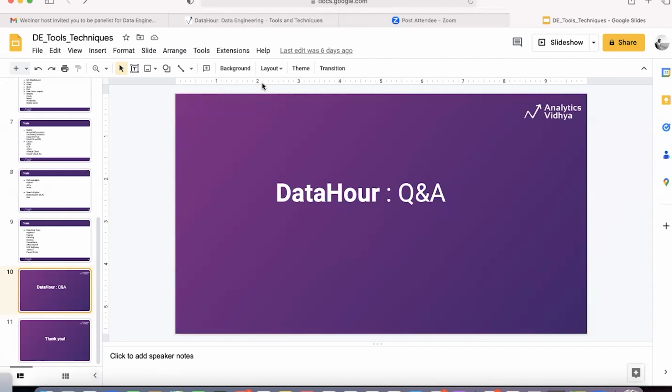For example, one pipeline which comprises three tasks or three sub jobs: first is your feature layer, second is your pre-computation layer, next is your computation layer. Now you want somebody to tell them that firstly you need to run the feature layer, then you need to run the pre-computation, and then you need to run the computation layer. So in that sense you have these orchestrating tools.